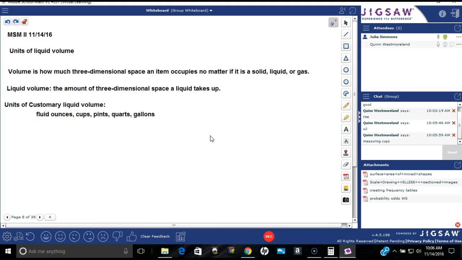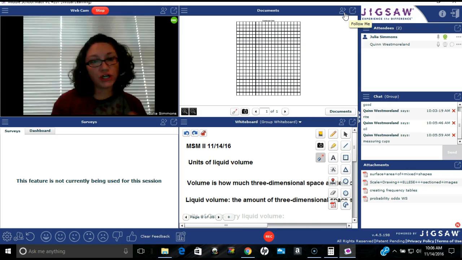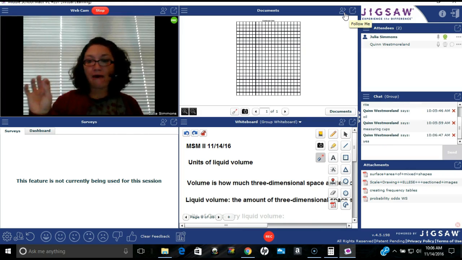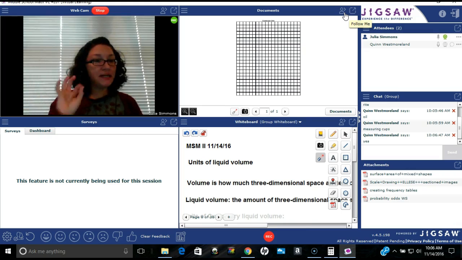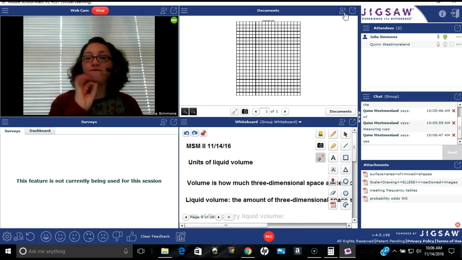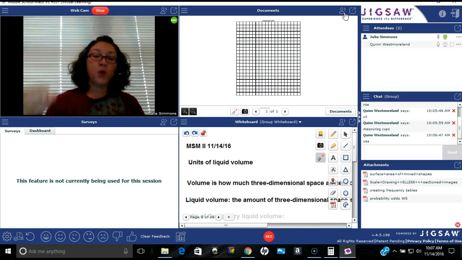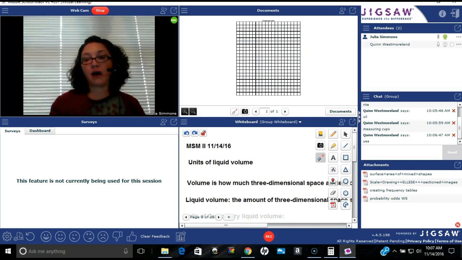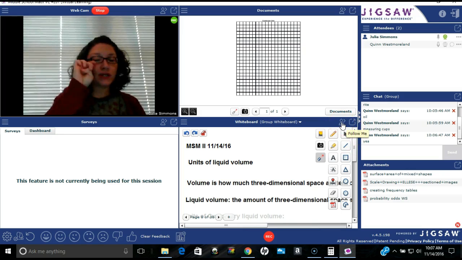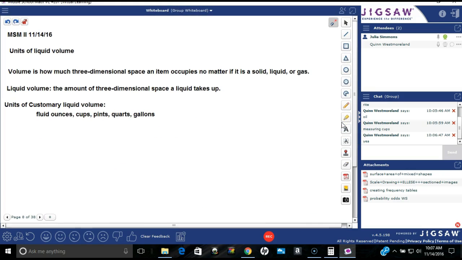Now, when you grab a measuring cup in your kitchen, a lot of them don't say FLOZ on it. They'll just say OZ for ounce. But it's incorrect. It should say fluid ounce because you're dealing with liquid volume, not weight, when you're pouring liquid into a measuring cup. Okay? So it's fluid ounce, cup, pint, quart, gallon.